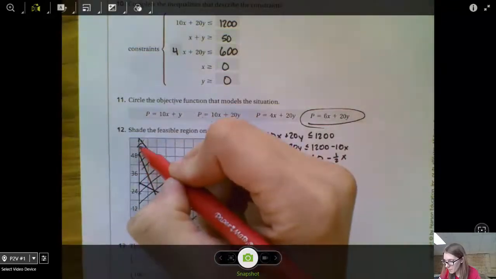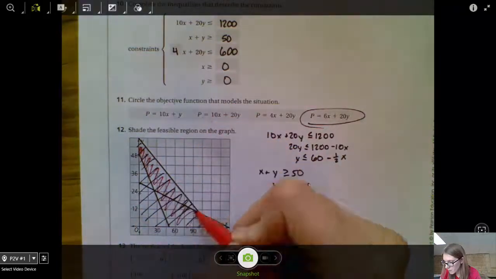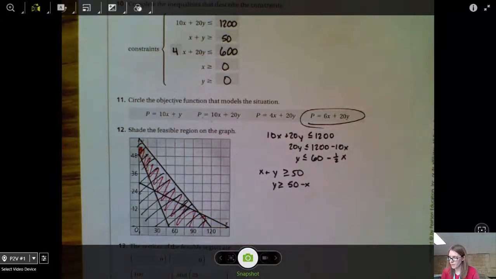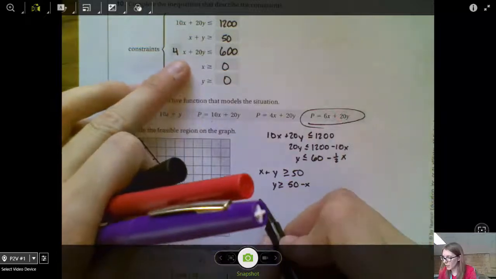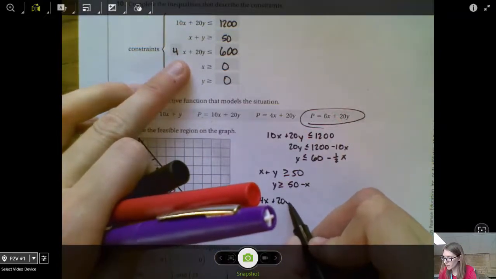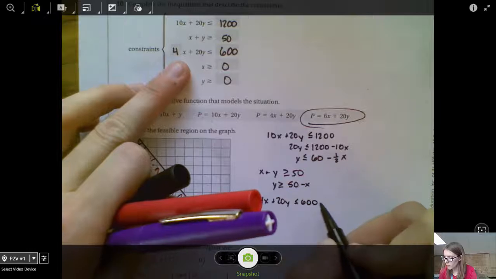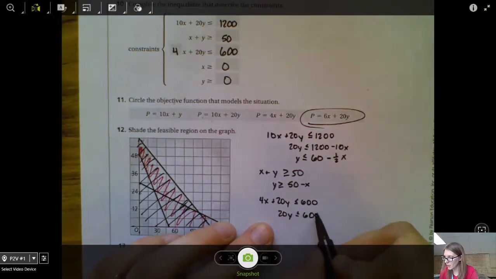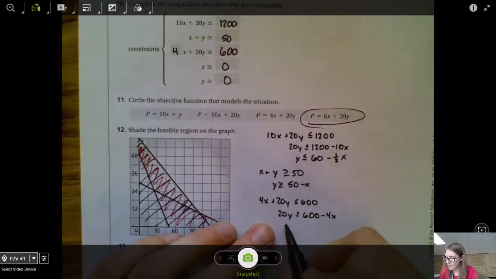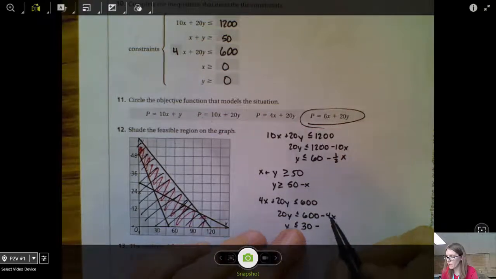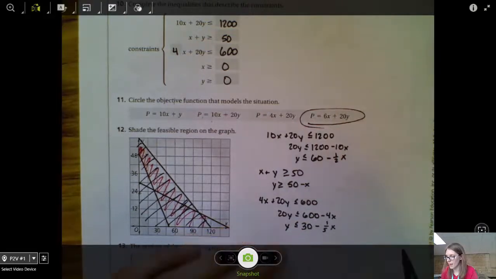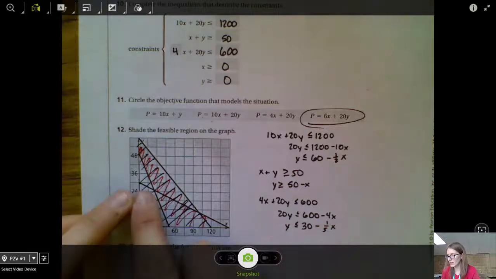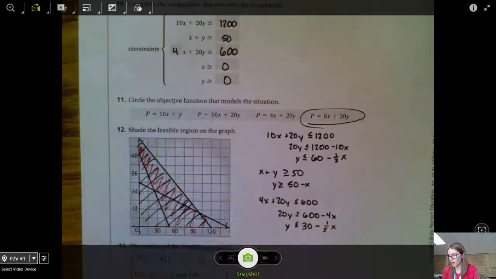Then 4x plus 20y is less than or equal to 600. Get y by itself. 20y is less than or equal to 600 minus 4x. Divide by 20. 30 minus 4 over 20 is 1/5 x, which is this line, less than or equal to, shade below.